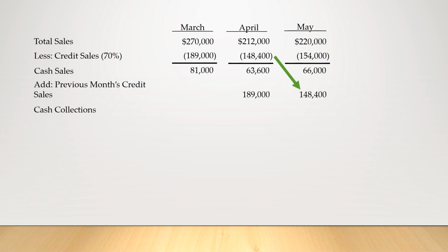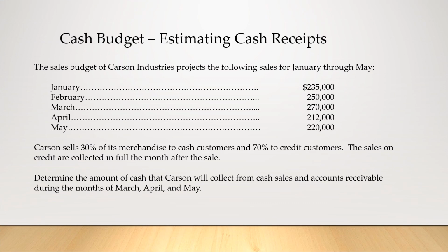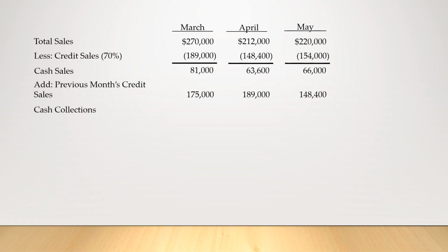The credit sales received in March are from February, $175,000. Cash collections from sales are $256,000, $252,600, and $214,400.